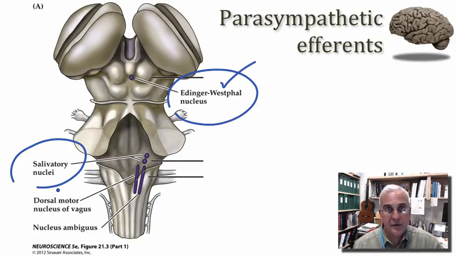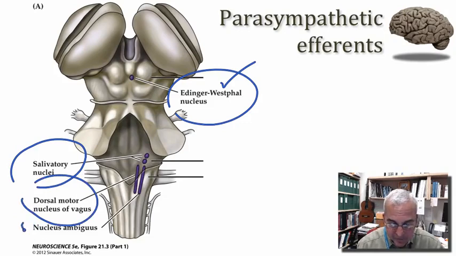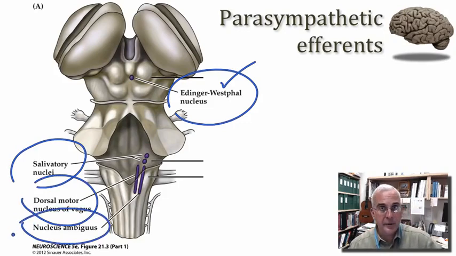Now, just at the junction of the caudal pons and then down into the upper part of the medulla, we have our dorsal motor nucleus of vagus and the nucleus ambiguus. Now, the dorsal motor nucleus of vagus is a primary source of axons that supply visceral targets via the vagus nerve.